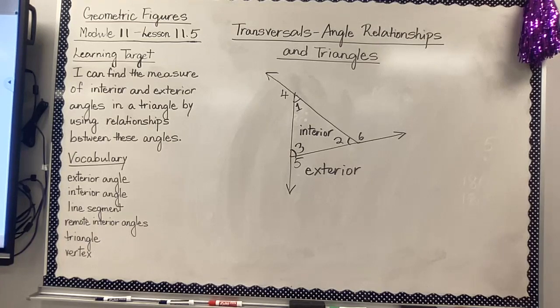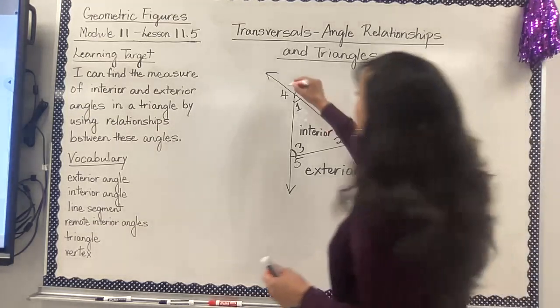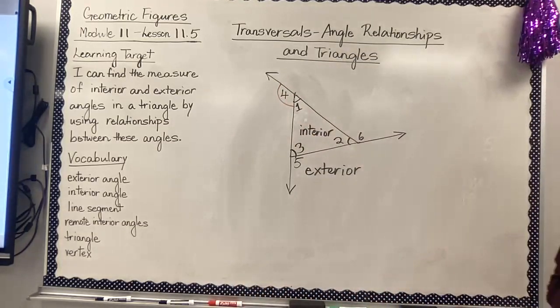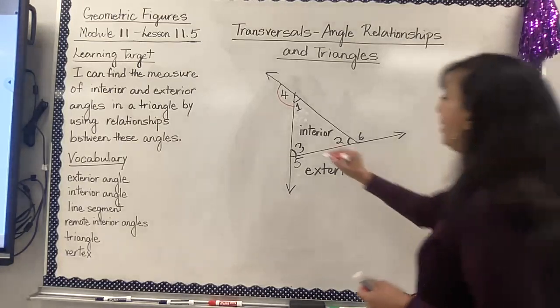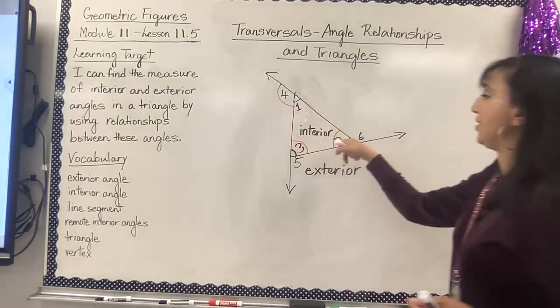Okay, so let's look at angle 4, for example. Let's look at this angle. All right, so angle 4, which ones are going to be the remote interior angles that are not adjacent to the exterior angle? It'll be these ones, this one and this one, because these are not adjacent.